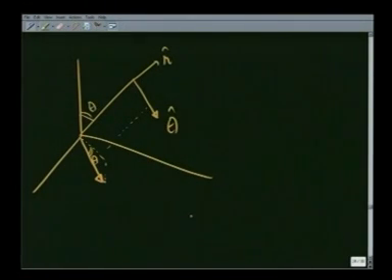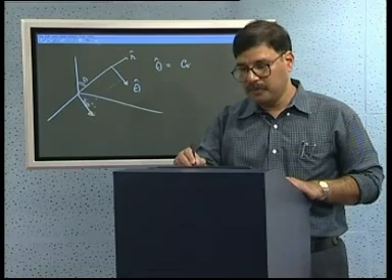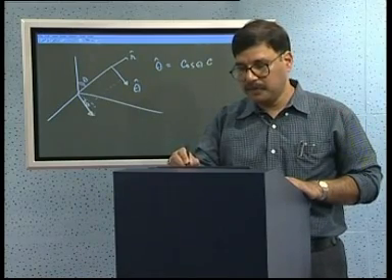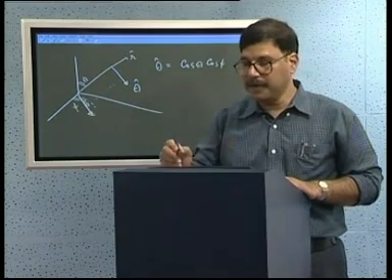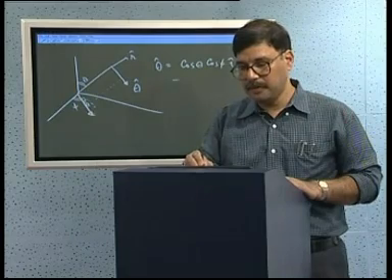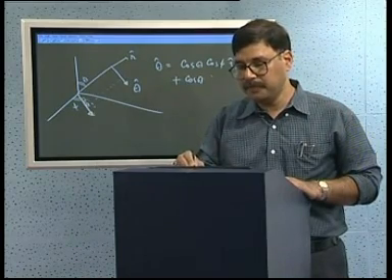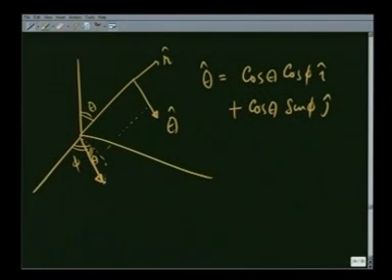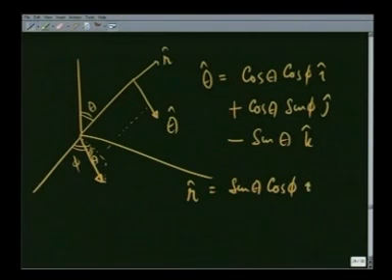And therefore, you can see the components of theta in x and y direction are going to be cosine of theta cosine of phi i, because this angle is phi, plus cosine of theta sine of phi j, and its z component is in the opposite direction, so minus sine of theta k. Recall that r was sine of theta cosine phi i plus sine theta sine of phi j plus cosine of theta k.